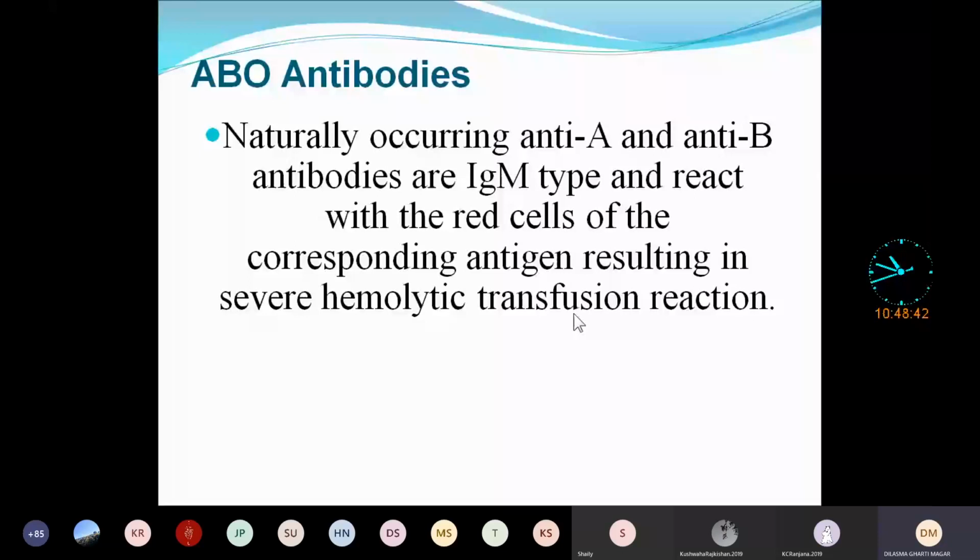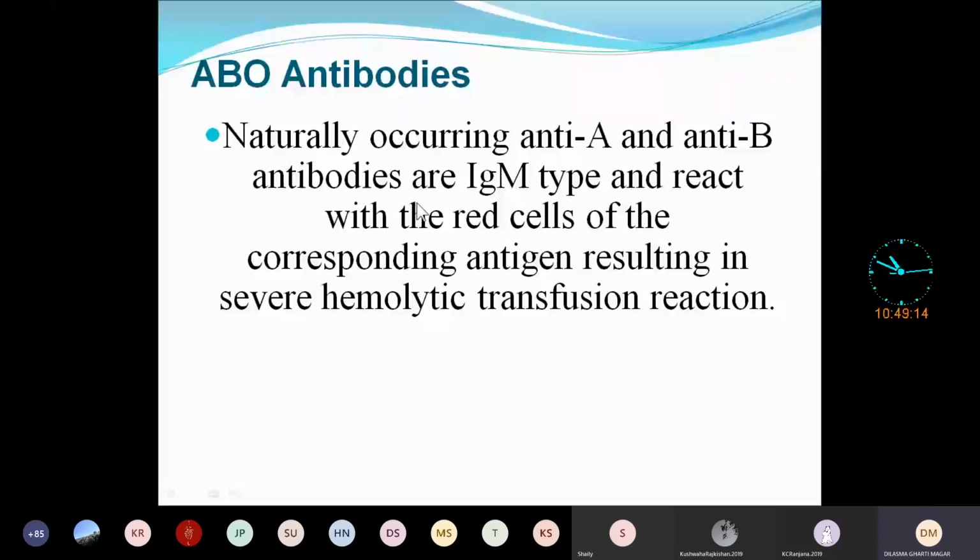So if that blood is given to the person with the B blood group, then the anti-B and the B antigen will lead to the hemolytic transfusion reaction. Understood here? It is the same thing: whenever A antigen is there, and blood having anti-A is given, or the B blood group is given, it will lead to clumping and to the severe hemolytic transfusion reaction.